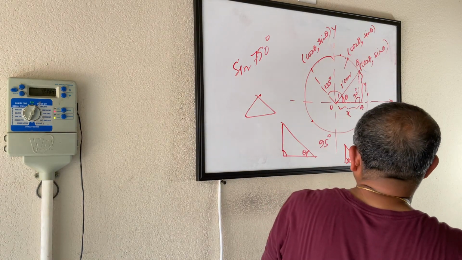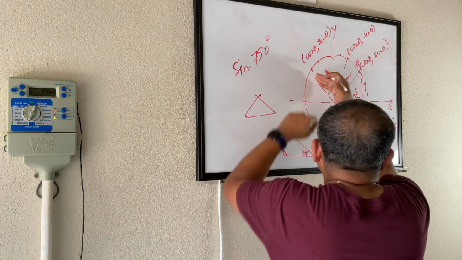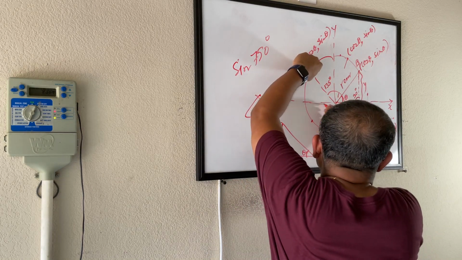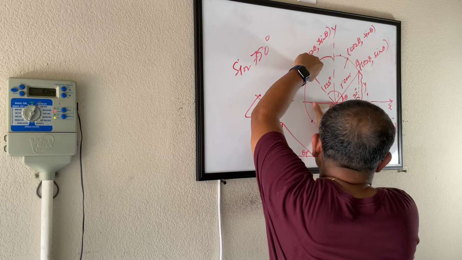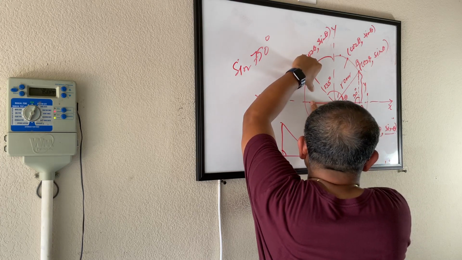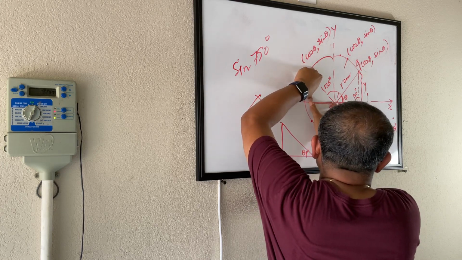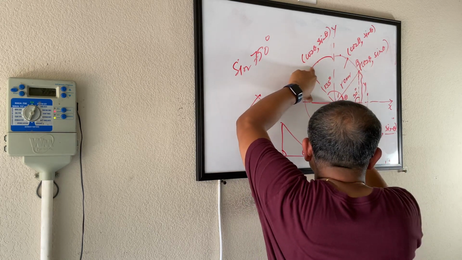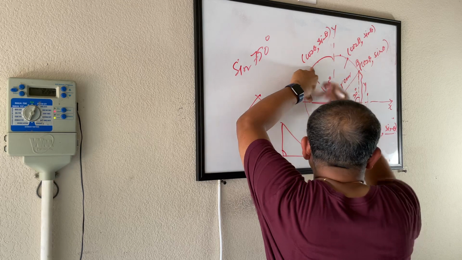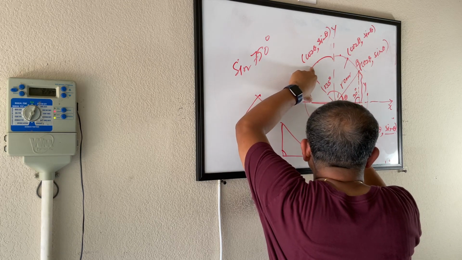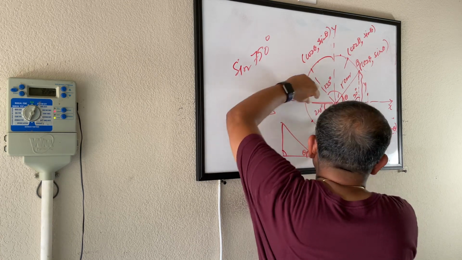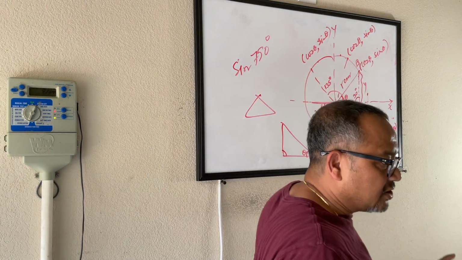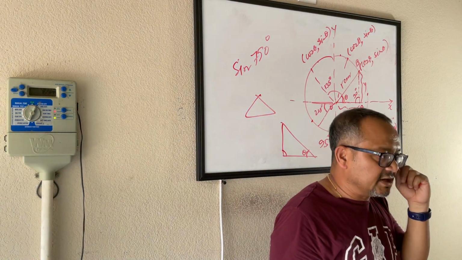When you are talking about 135 degrees, you are in this place. You will see that your x becomes negative, while y still remains positive. If you come to the third quadrant, let's say 225 degrees, 180 plus 45, you are in this quadrant where your x value and y value are both negative, by the coordinate geometry concepts.